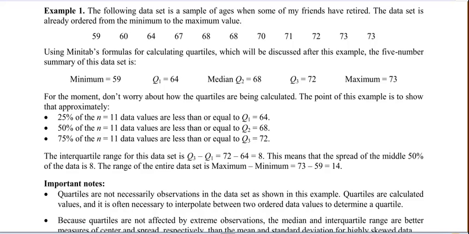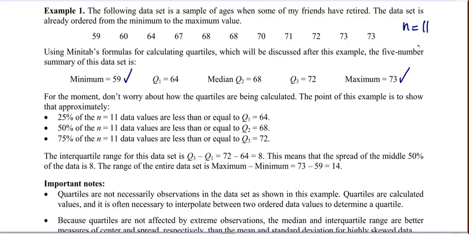So I took a sample of my friends who are retirees, and I asked them, at what age did you retire? So here are the 11 data values that I obtained. I've already ordered them for you from smallest to largest. Usually you don't get a data set in this order, but I did this specifically to help us with this example. So easily we can pick off the minimum 59 and the maximum 73, and yay, those were nice.